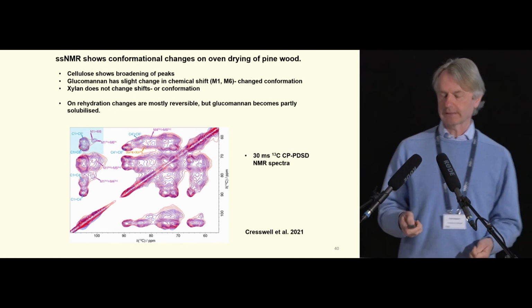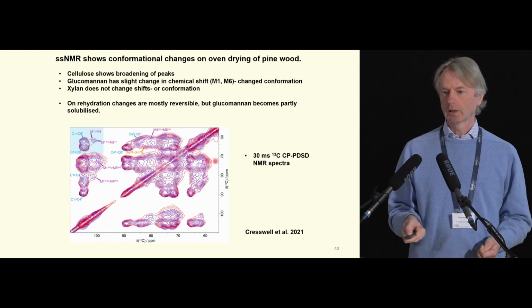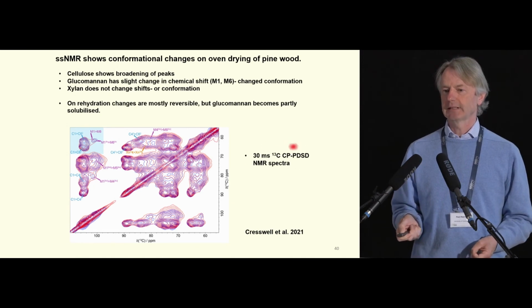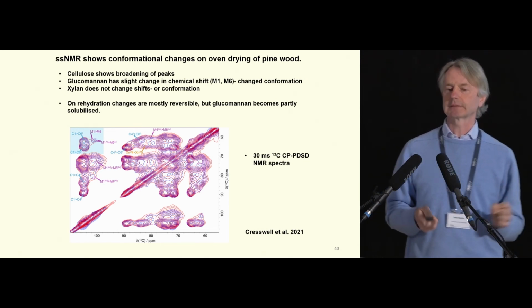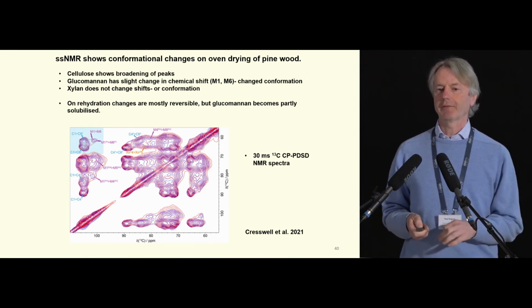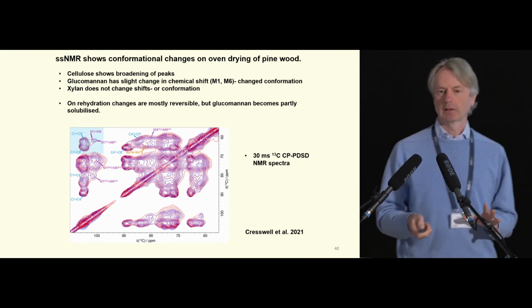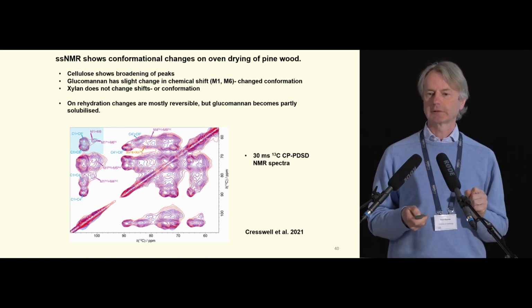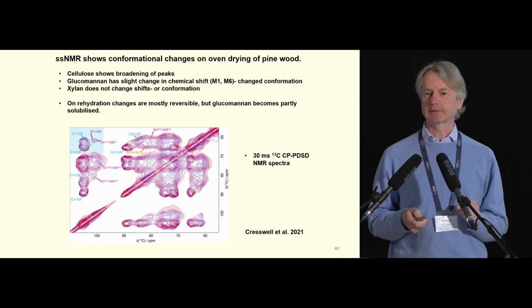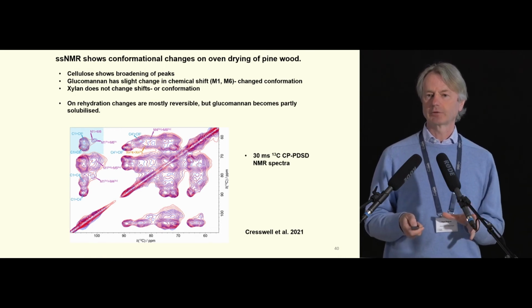And this is a through-space experiment, a CP-PDSD through-space experiment where we can resolve individual carbons in the cellulose and the mannan, and these are labeled here. And in blue is the wet material, initial material, and red is the dried, oven-dried material.